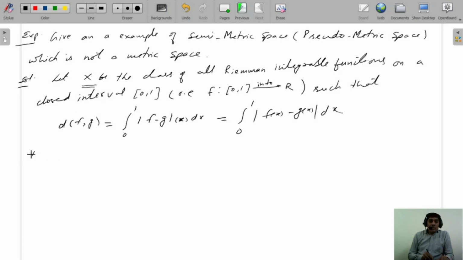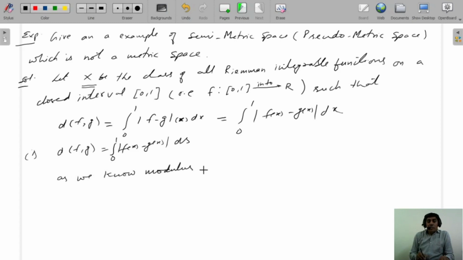So first, d(f,g) is equal to the integral from 0 to 1 of modulus of f(x) minus g(x) dx. As we know, modulus quantity is always non-negative.